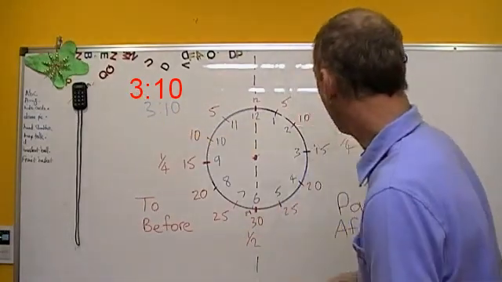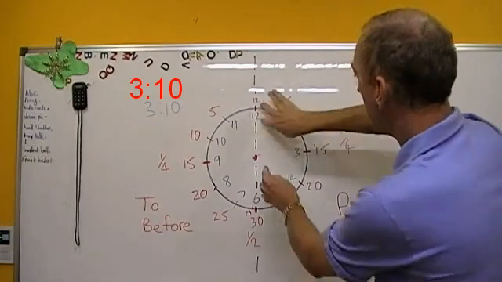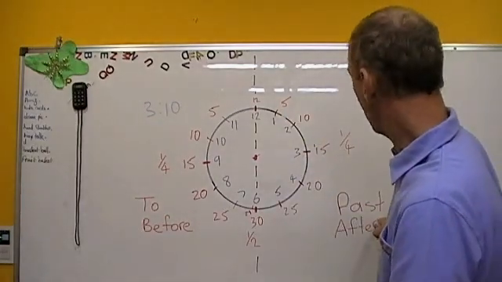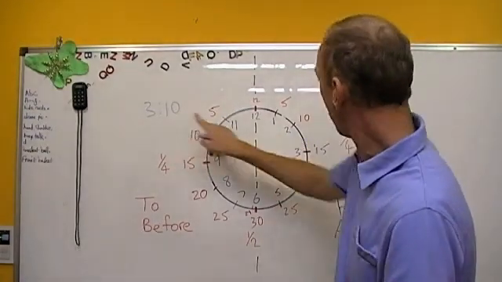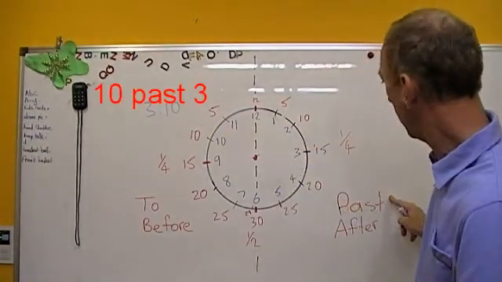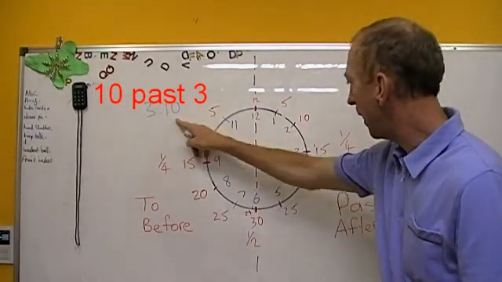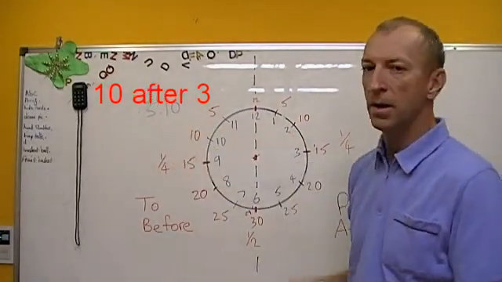So we start off here at 10. 10 is on the past or after side of the equation. So we must say 10 past 3. Alright? 10 after 3.